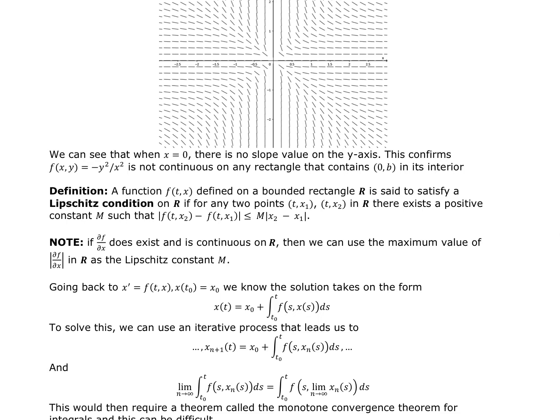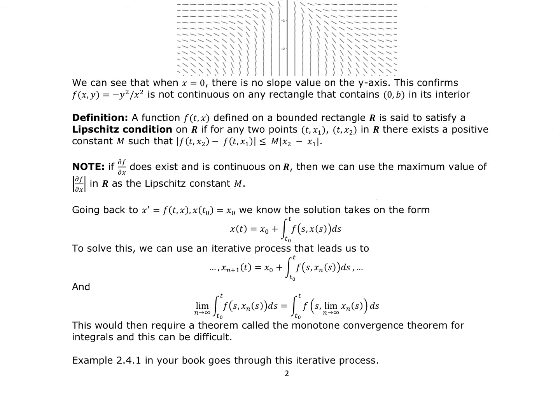So if we go back to x prime is equal to a function of t comma x, and we're given the initial condition x of t naught equals x naught, we know the solution to that will take on the form of x of t is equal to x naught plus the integral from t naught to t of f of s, x of s, ds. Now we can solve this with an iterative process, and we end up with this limit.